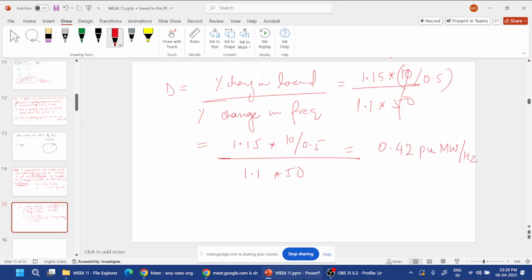So the value of D comes out to be 0.42 per unit megawatt per hertz.